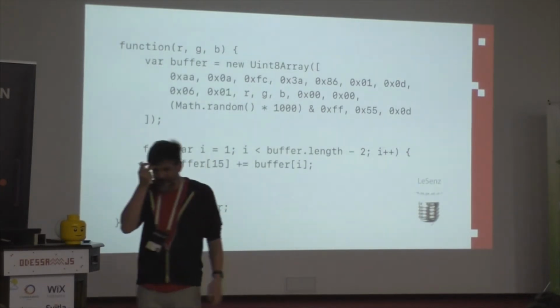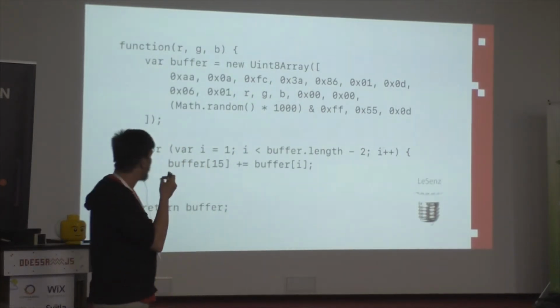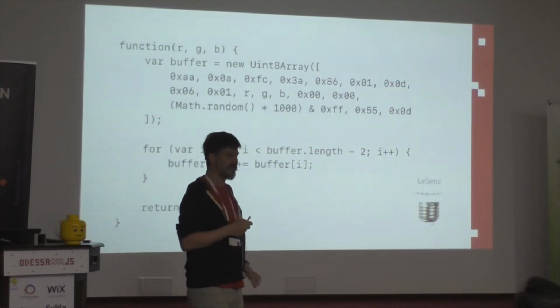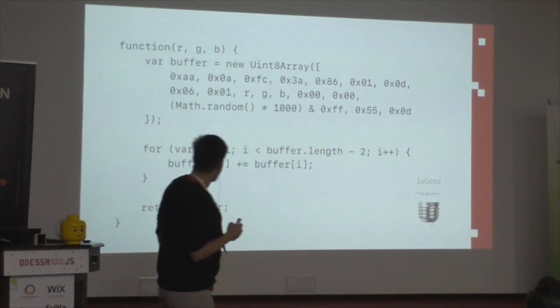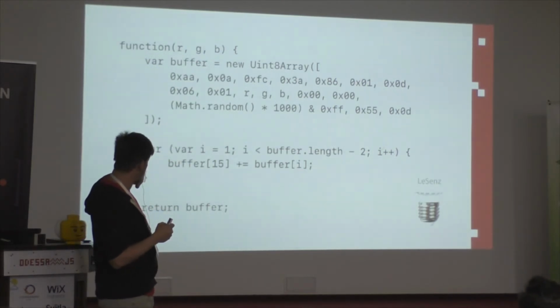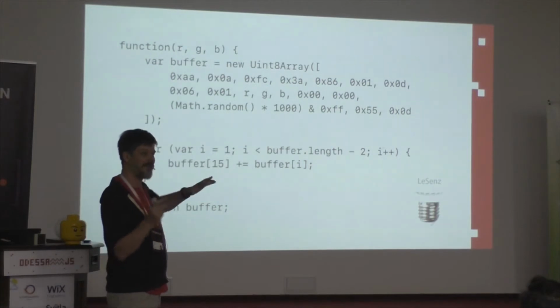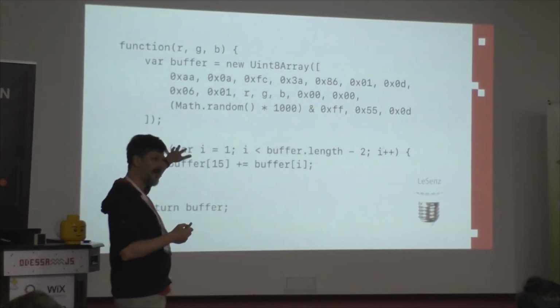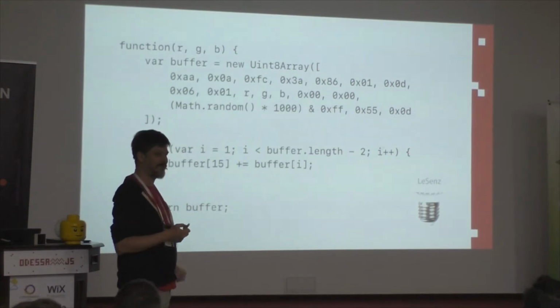This is weirder. So every byte here has to be exactly like this. Otherwise, it doesn't work. There's an RGB somewhere in there. There's some magic bytes. There's a random number in there because no two messages can be the same. So just add a random number. It was not my idea, this is what the manufacturer does.